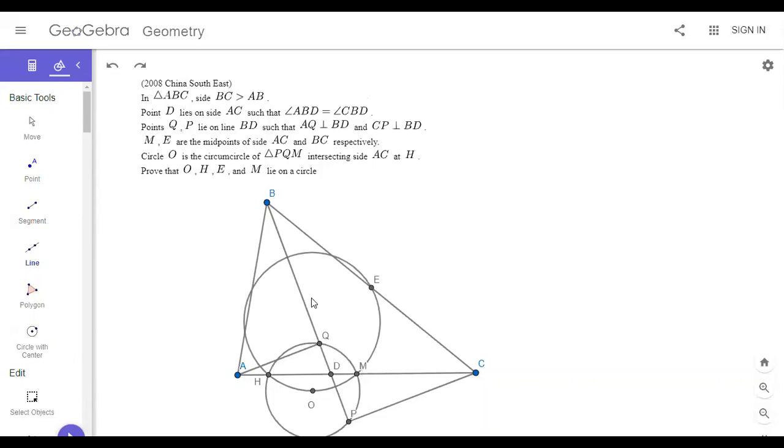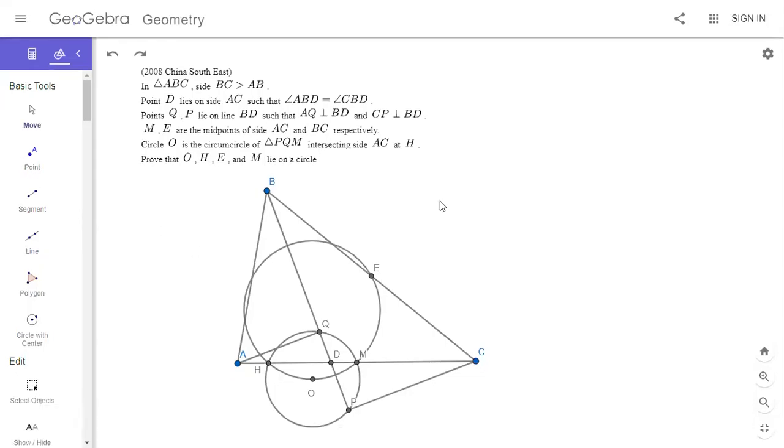Yeah, how do we want to go about this? If we could show... so if we can show OE is the angle bisector of HEM, does that solve it? Let's see.